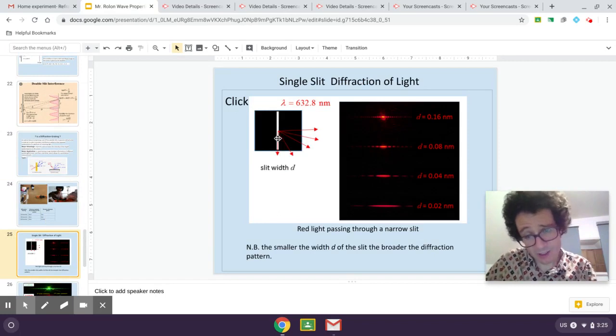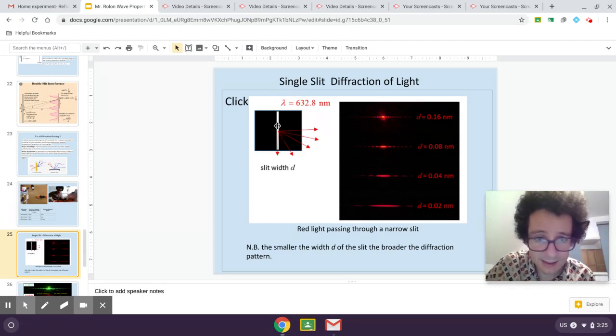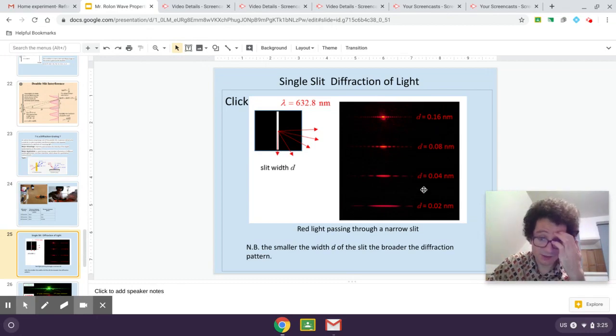What happens if we have just one single slit? Depending on the size of that little aperture, we're going to visualize different kinds of diffraction on the screen.